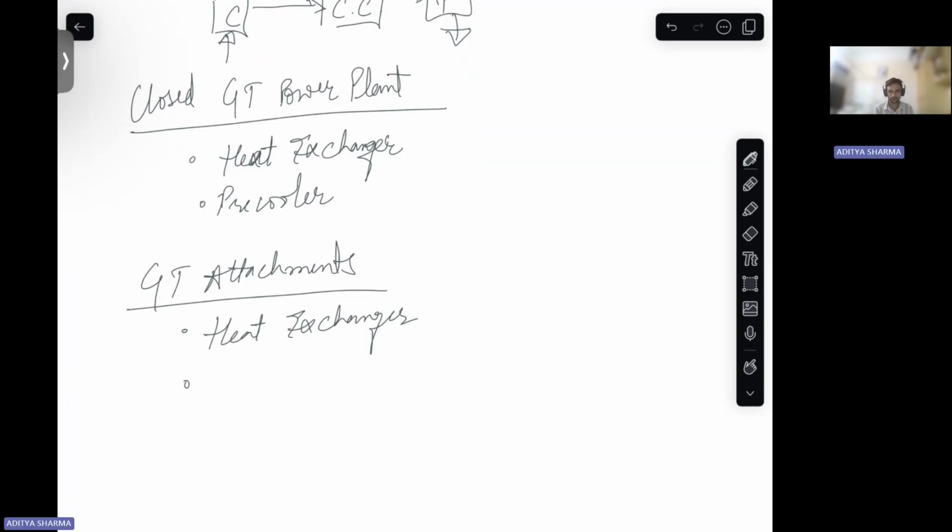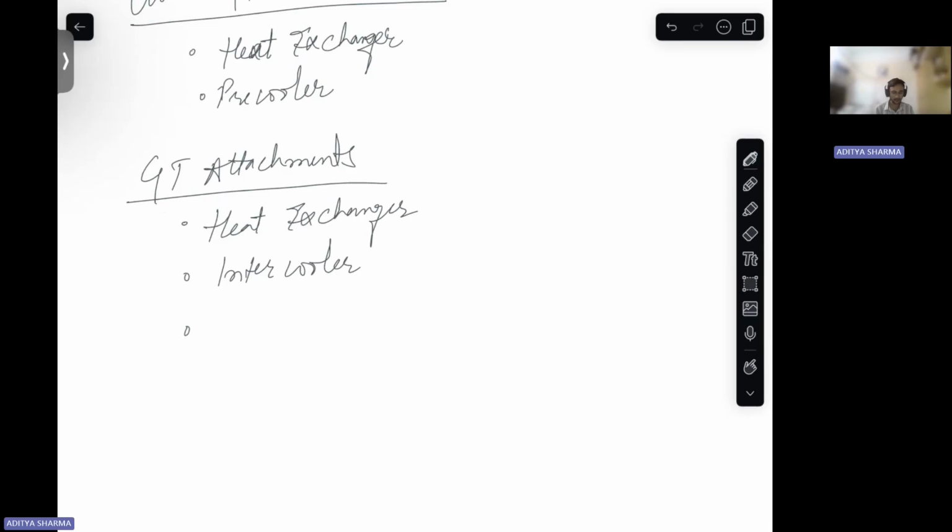One is your intercooler, the major ones I am discussing, and one is your reheater.